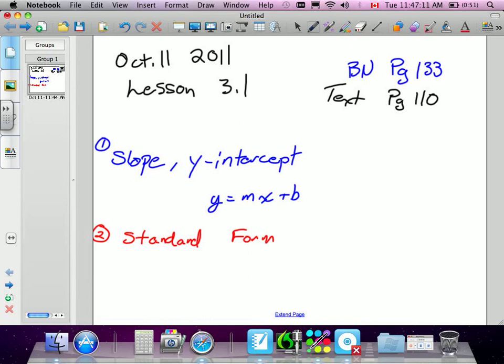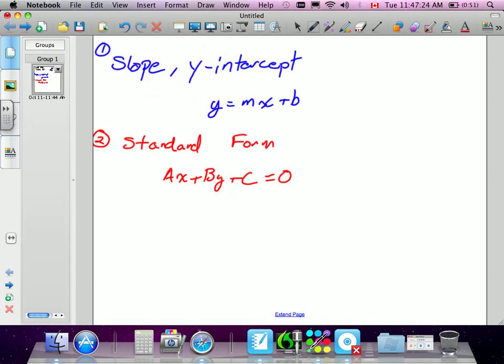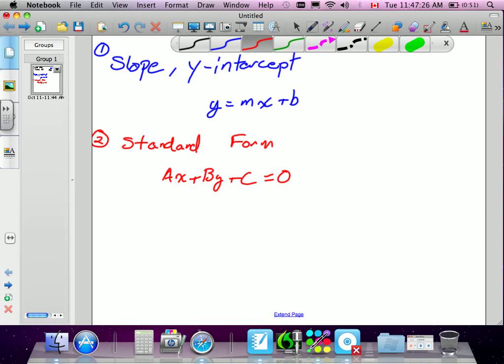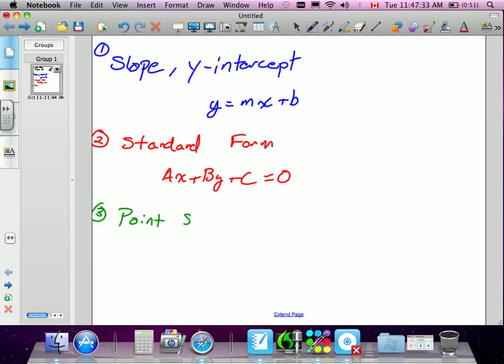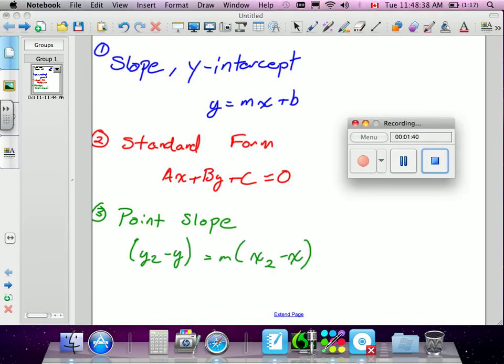That linear equation is written as ax plus by plus c equals 0. And the last one is point slope form.